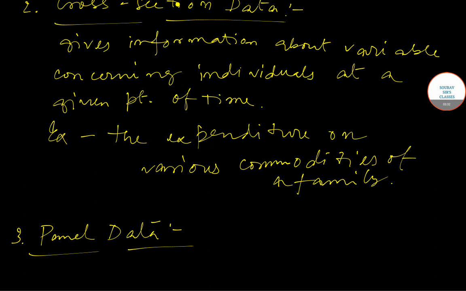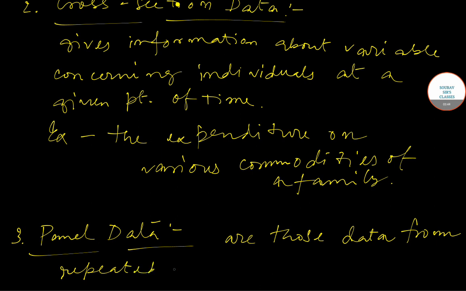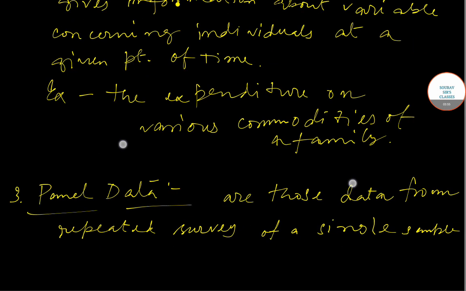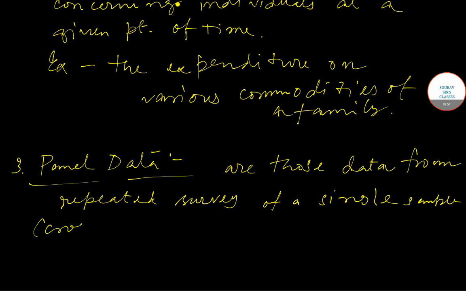So panel data are those data from repeated survey of a single sample, which are of course cross-sectional data, in different periods of time.